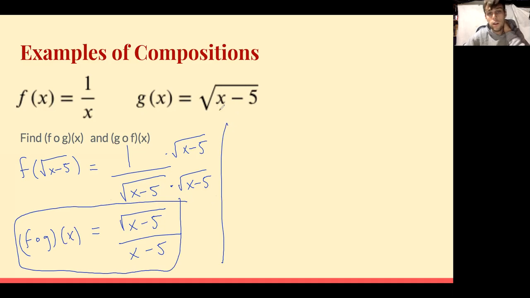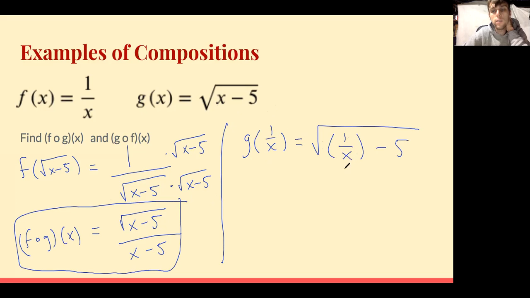Okay, and then go ahead and go the other direction, g of f of x. So that means I'm doing g of 1 over x, which is the square root of x minus 5, x being 1 over x. Not a lot I can do here.